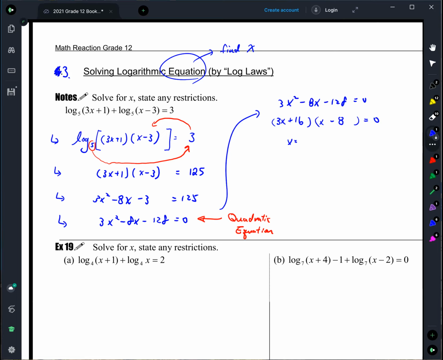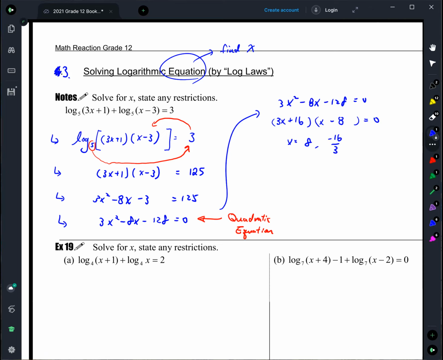Is it x minus 8 times 3x plus 16? Yeah, we got that already, right? So now we want to... Sorry, I was looking at the wrong spot. Okay, so is it x is equal to 8 and negative 16 over 3? Yes, very good.